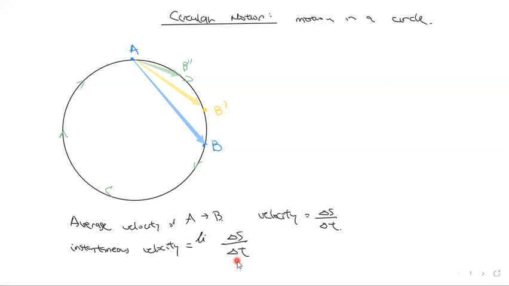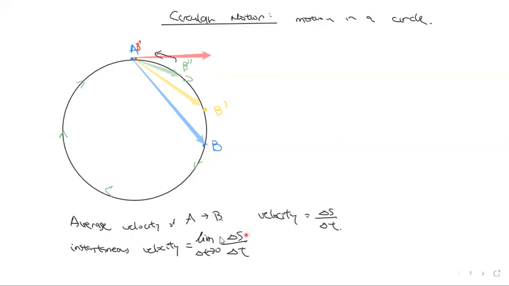Formally, that is the limit as delta t approaches 0. In this context, we're bringing this second point as close to A as we can, so essentially we are bringing it basically on A. And so you're going to get this direction.